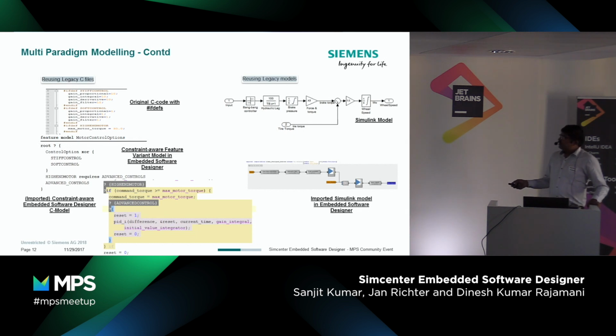We also support integration of implementation from external tools, say hand-coded logic, legacy C files. We import them as feature models with the help of Embedder languages, and we can import variant-aware C code as well. And we can import the implementation from a Simulink model and then build it as ESD models, and then do verification on that.